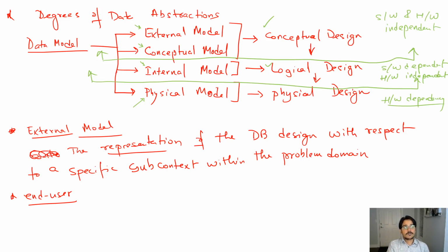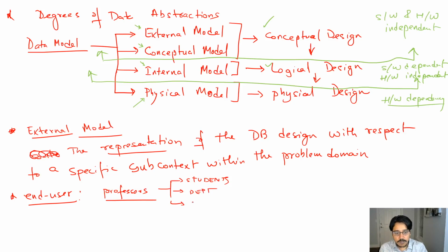So for example, if we are, let's say, talking about professors who will interact with the university database. So the professors will only be concerned about the students, right? They will be concerned about the departmental activities, some of them, not all of them. They probably will also have, let's say, the information about the library and their own employee information. Their own personal records and stuff like that.